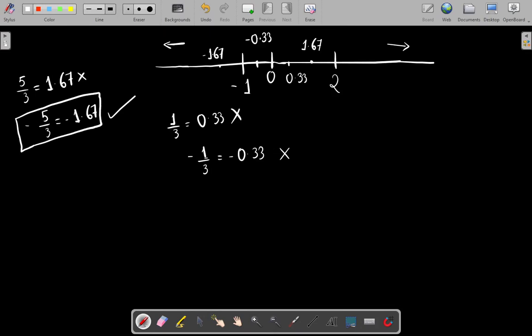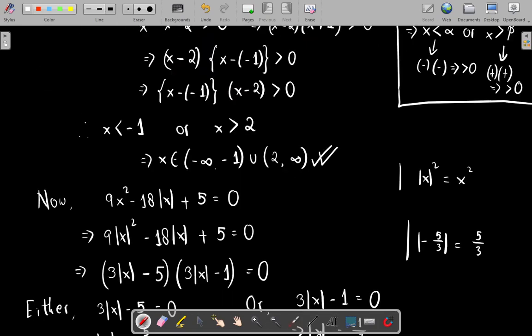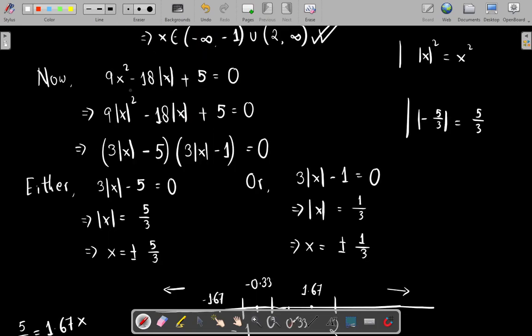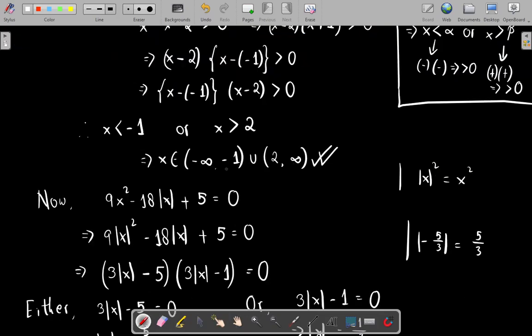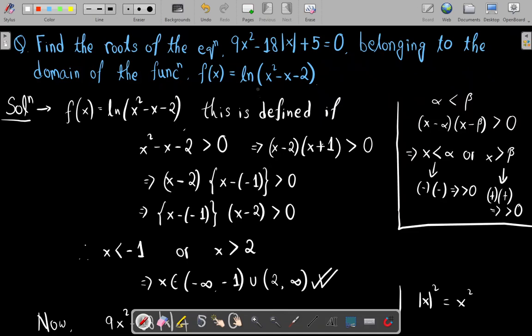X is equal to minus 5 by 3, which satisfies this quadratic equation, and also is in the domain of x for the given function, that is logarithm of x square minus x minus 2.